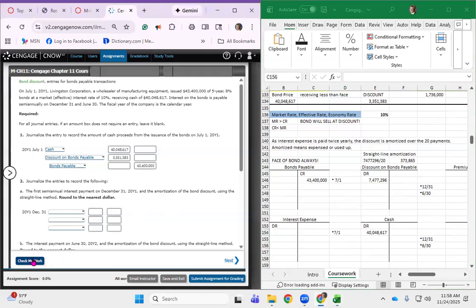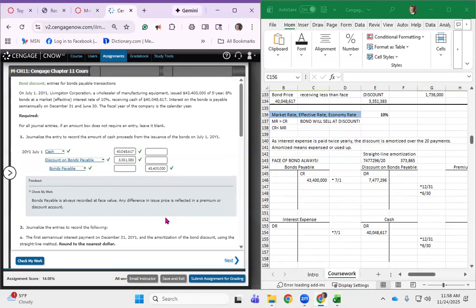Is everybody good with that? Yes, you could have started with the cash that you received. That's no problem. You can always start with the cash you receive. You always need to put the face of the bond in the bonds payable, and then the discount, whether it has a discount or whether it has a premium, right?